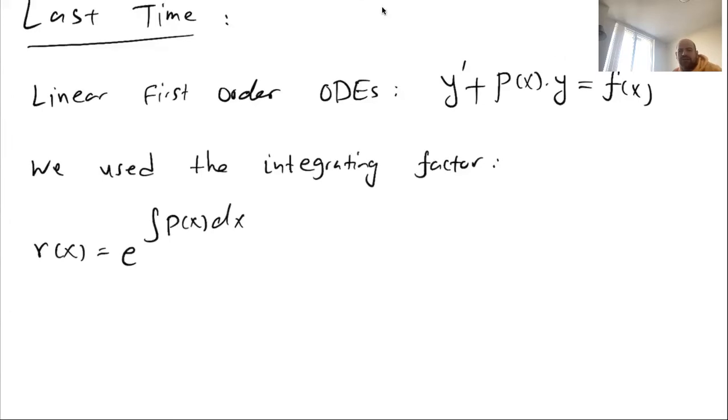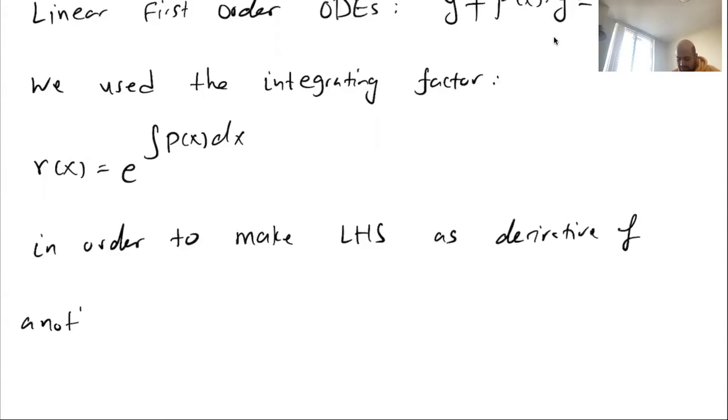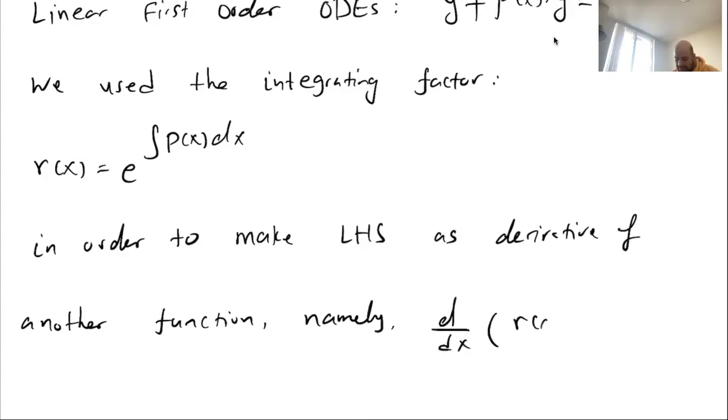And why did we use this integrating factor function? We used it in order to make the left-hand side the whole derivative of another function, namely the derivative of r of x times y.